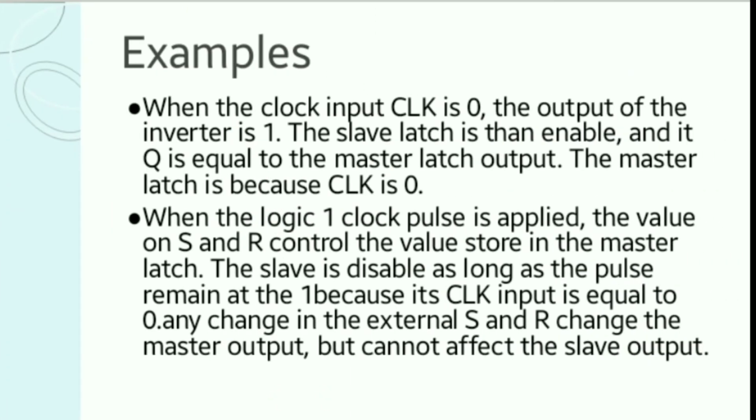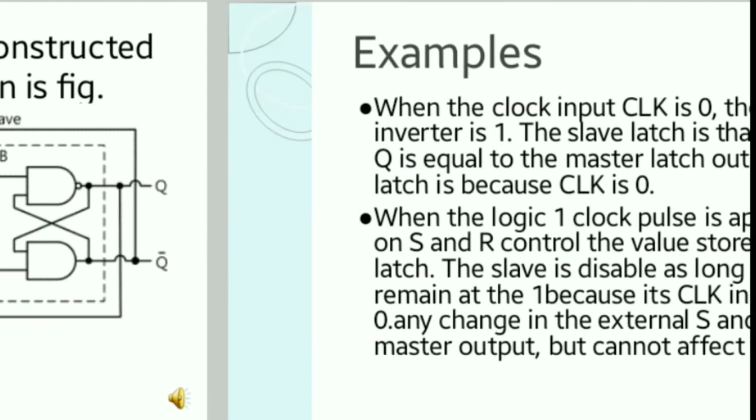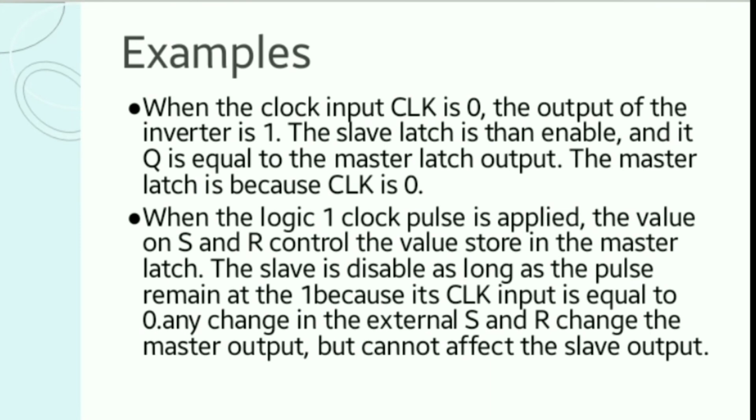Some of the example for this circuit is: when the clock input is 0, the output of the inverter is 1. The slave latch is then enabled and its Q is equal to the master latch output. The master latch is disabled because the clock is 0.